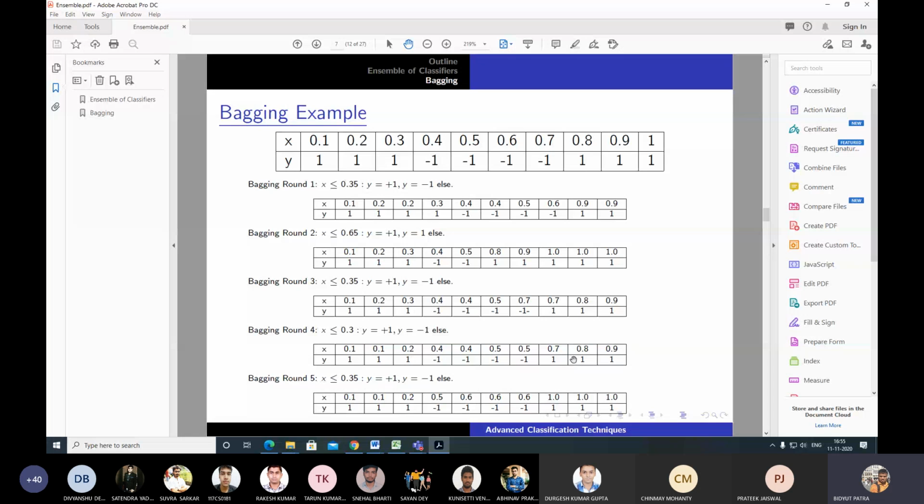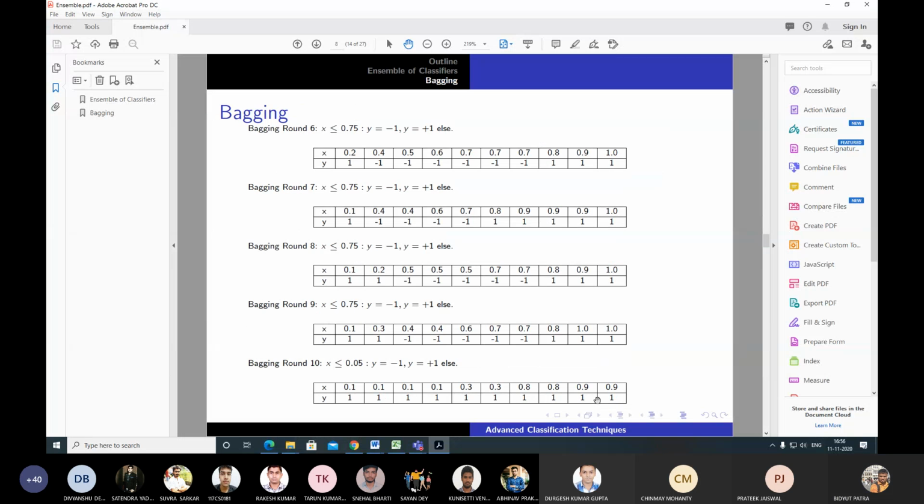So next you go for another bagging round. Here you see it is almost the same as this one, but the data set is different, right? If you take this one somewhere here, x lesser than 0.35 is positive, otherwise negative, but these 3 will make the mistake, okay?